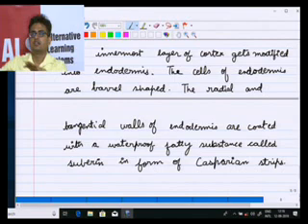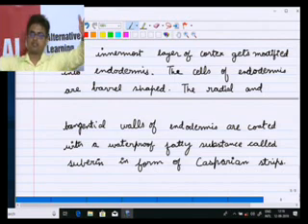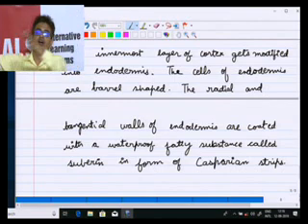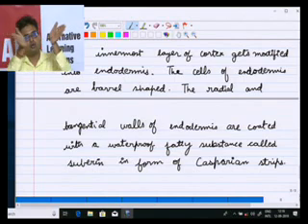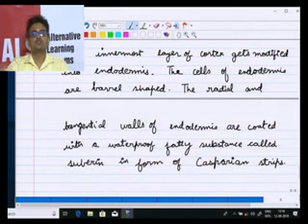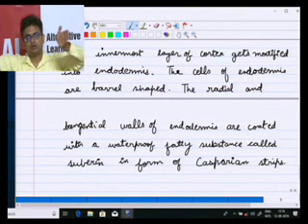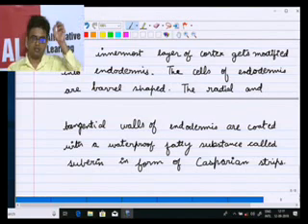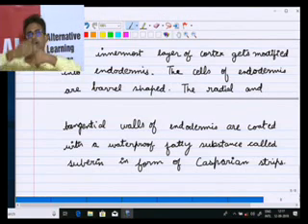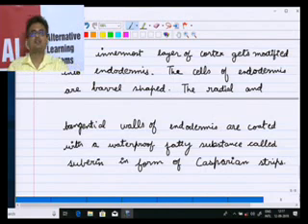When a dam is created, first of all we collect a large amount of water, and that water is allowed to flow through a small space. Compared to the volume of the river, we allow the water to go through a small space with a high velocity, and underneath there is a turbine which rotates, and this mechanical energy is then converted into electrical energy.